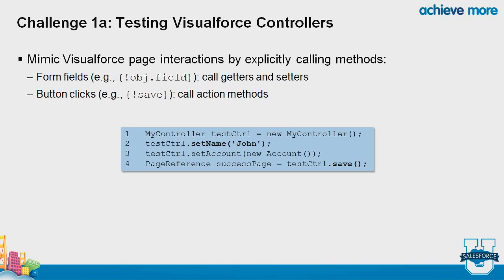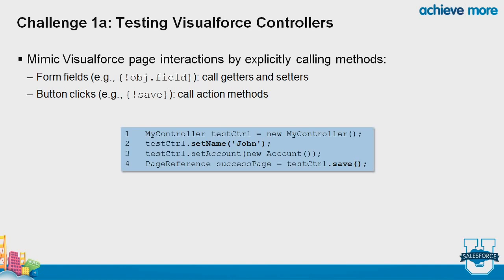Basically, you need to create an instance of your controller, line 1. Then you do a set name or a set account if you wrote your getters and setters like that. If you write them in the C# form, they're just variables. You assign a value or you get a value. The action methods, you just invoke them from your instance.